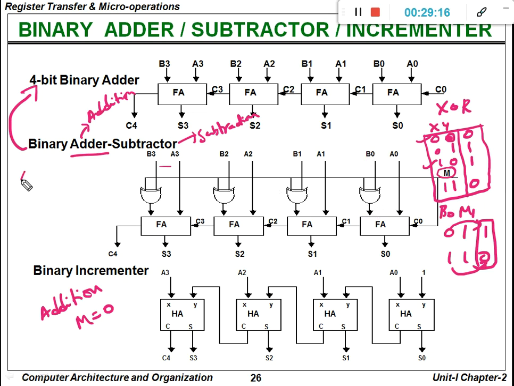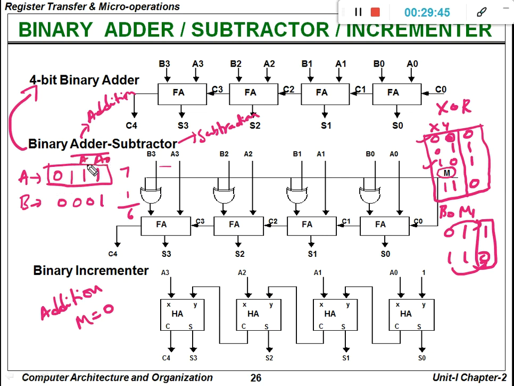Okay. Let us assume the register A contains 0 1 1 1, and the register B contains 0 0 0 1. What does it mean? 7 minus 1. We should get 6. Okay. So as far as register A is concerned, there are no changes at all.